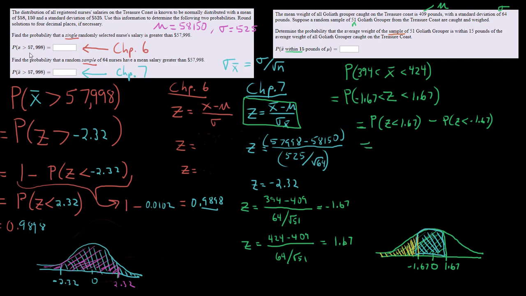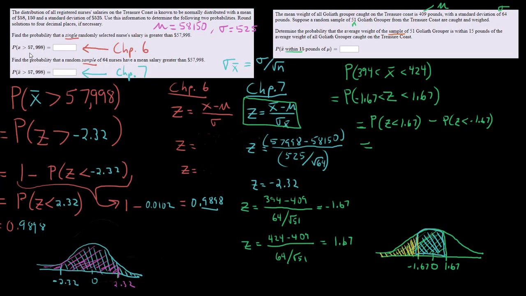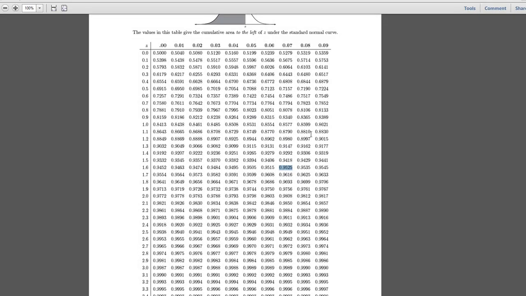Now, let's go to our chart real fast. Look at positive 1.67 first. So positive 1.67, the 1.6 row, 0.7 column, 0.9525. So 0.9525 minus, now we need to look up negative 1.67.